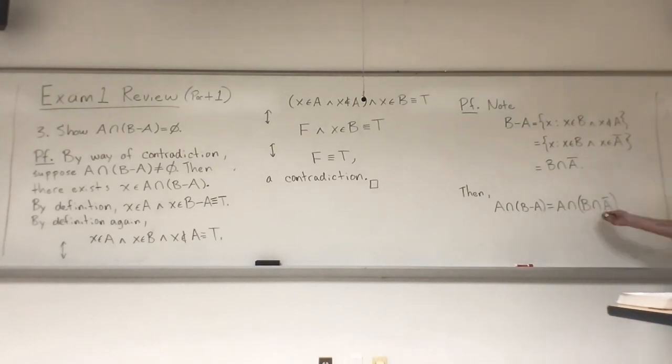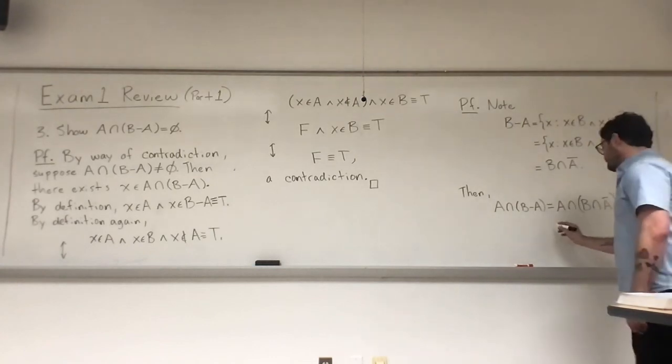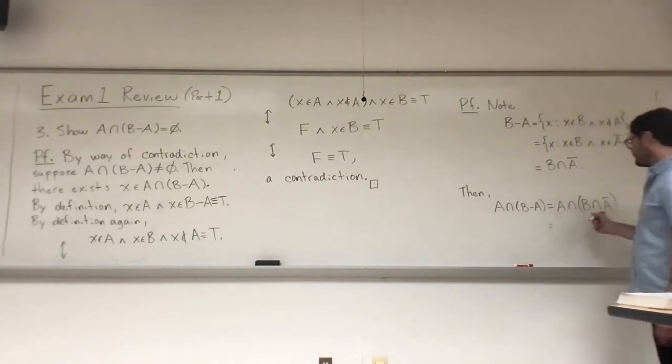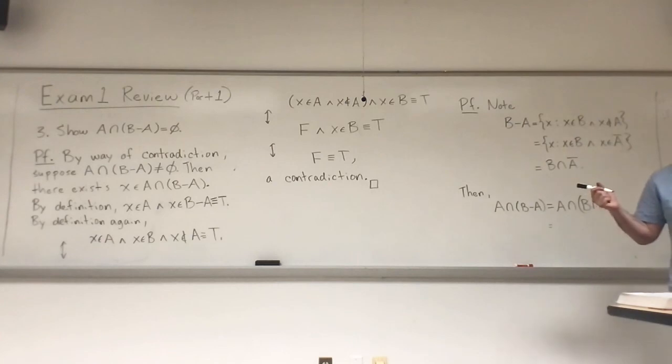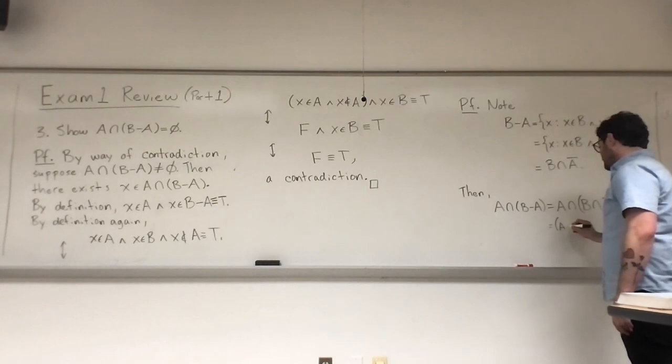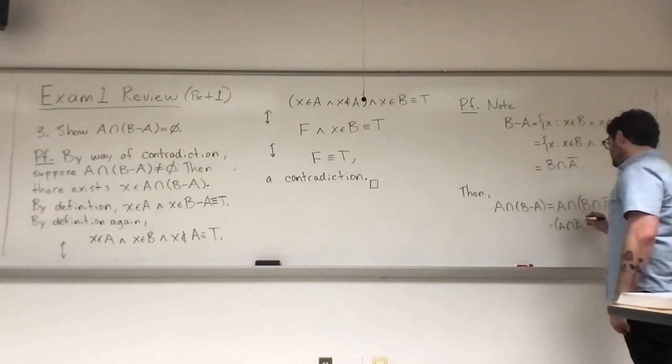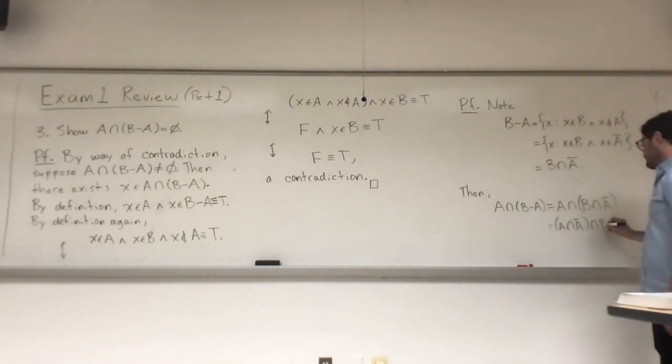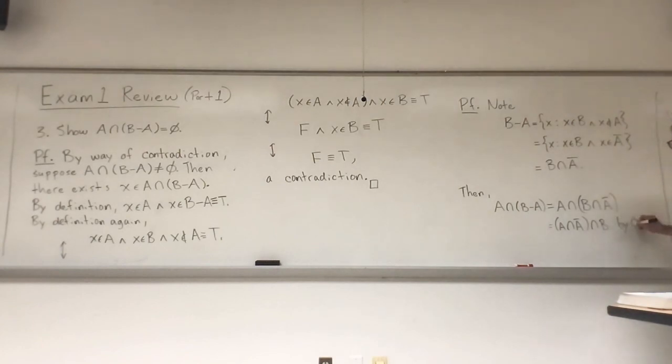Because that's that and that. And then we can group these together by the commutative laws. So we can then have A intersect A complement intersect B by commutative laws.